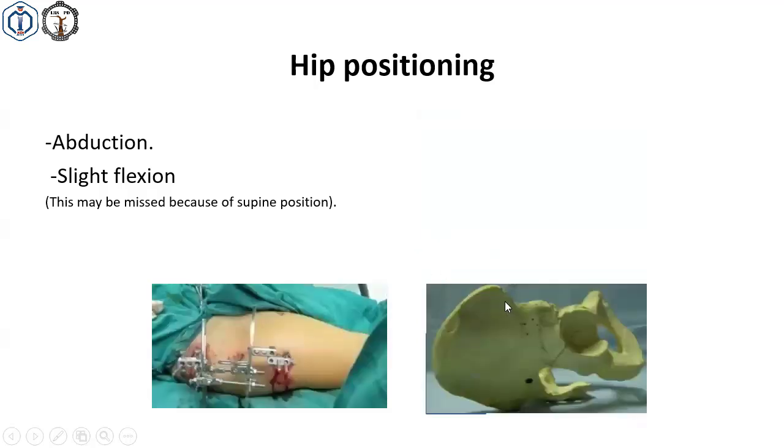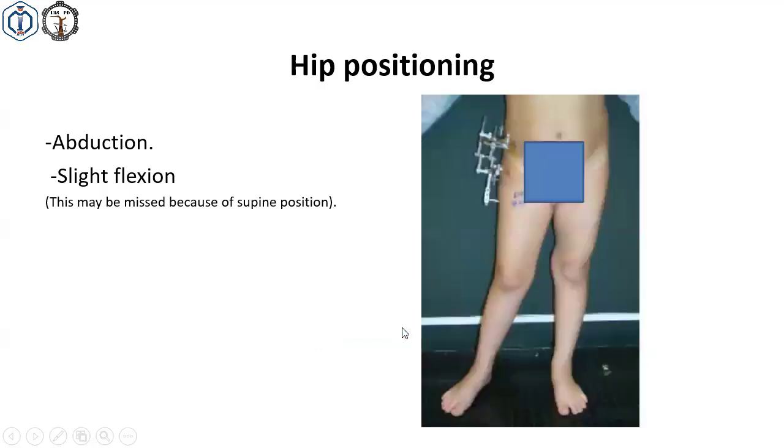As for hip positioning on the table, we should keep in mind that on lying supine, the patient may be in hyperextension or at least 180-degree extension, or zero extension. So we should keep in mind that the hip is not reduced in this condition. We should rely on some sort of flexion and abduction in this position.